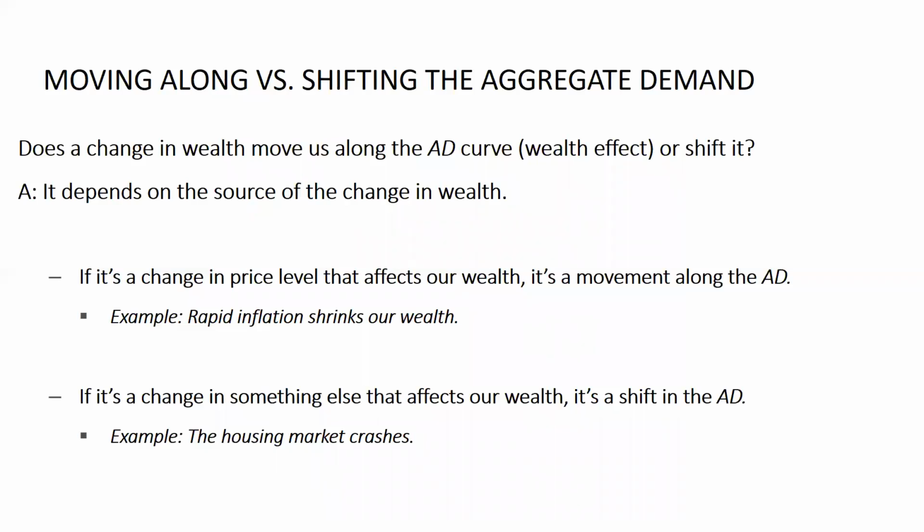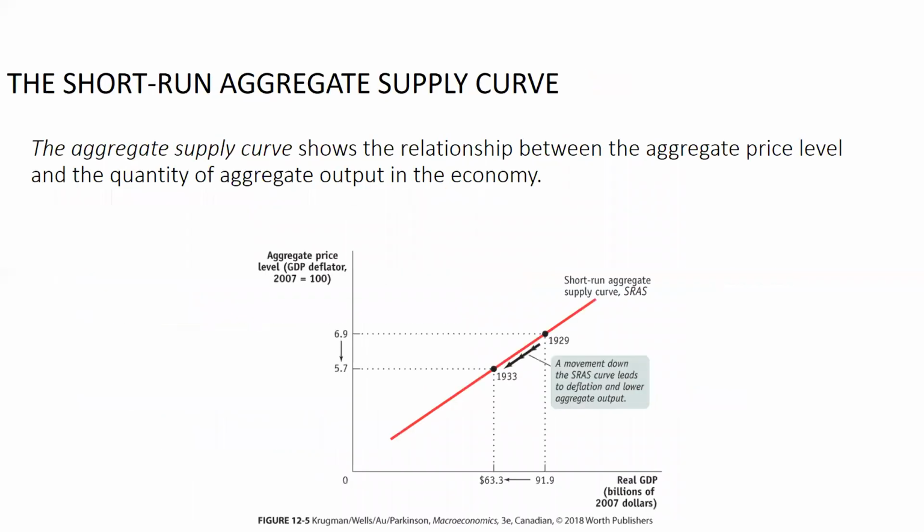The answer depends on the reason there was a change in wealth. If there was rapid inflation and that's making our wealth decrease, then that's a change in price, so that's a movement along the aggregate demand curve. If the change is in something else that affects your wealth, for example, the housing market crashes, then there will be a movement off the curve, not along the curve.